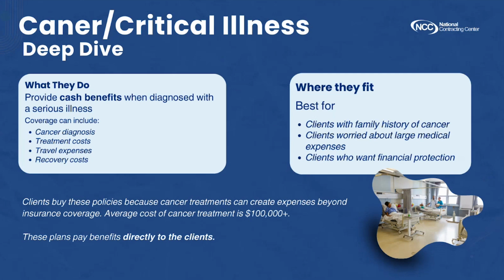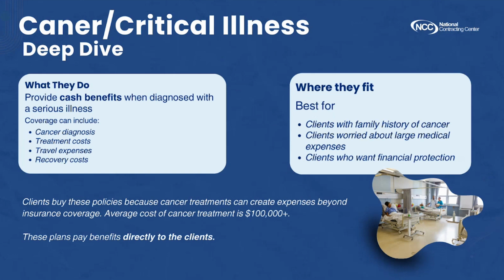One thing that's mentioned a lot when we're talking about cancer and critical illness policies is the financial strain for families outside of the medical needs, right? Angie just mentioned the travel expenses or the treatment costs outside of a hospital. Once a critical illness or cancer policy pays the beneficiary, they can use that for hospital stays, transportation, or food.